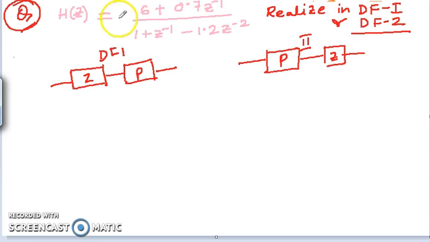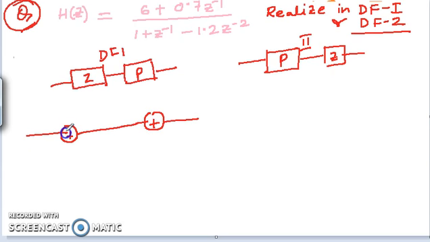Now here these coefficients are of zeros and these are the poles. When we are going from direct form 1, we know that there are two summers in direct form 1 as well as in direct form 2.